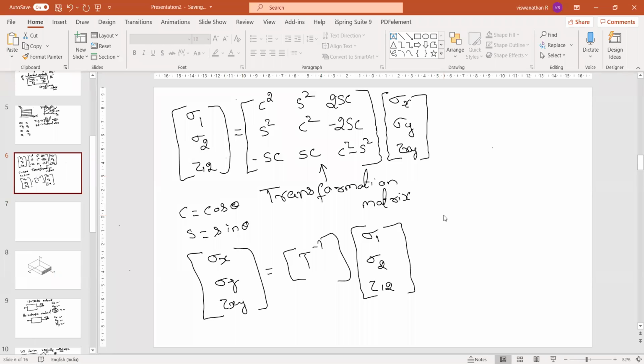Now I'll do it for the strains. For strains there is a small change. I have not talked about the strains yet.